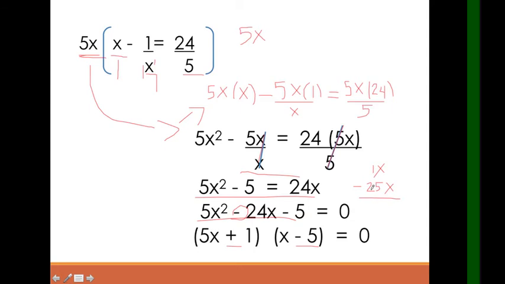They don't have the same sign, so we will subtract these two. 1 minus 25 is negative 24. We follow the sign of the biggest number, which is 25. So that is negative 24, and then just copy x. So, our factors for this equation, 5x squared minus 24x minus 5 equals 0, is correct.